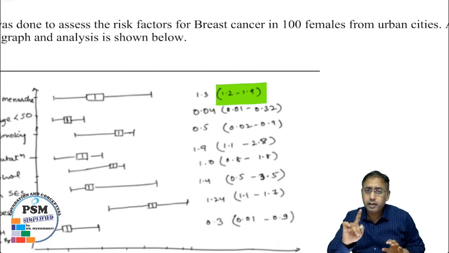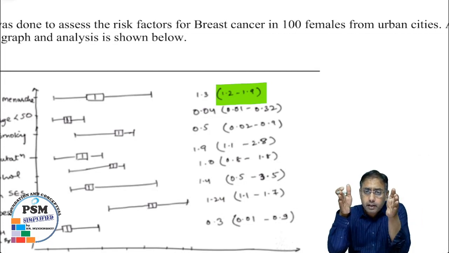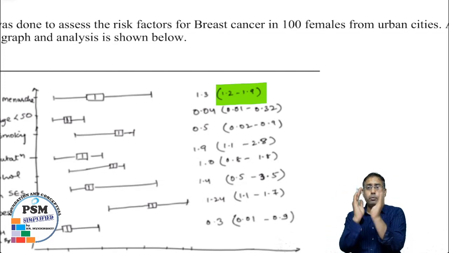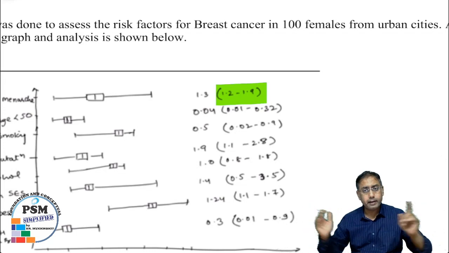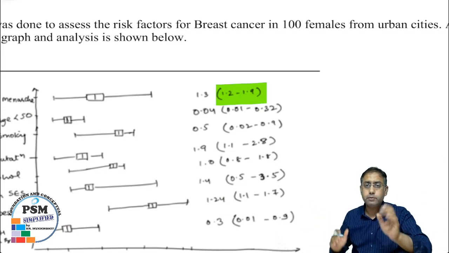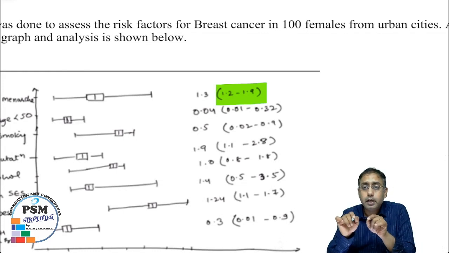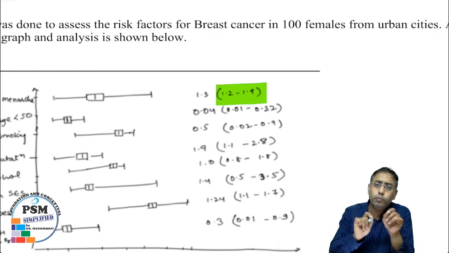So try understanding that in case of the 95% confidence interval, if you remember from my biostats class, I told you 1 SD is 68, 2 SD is 95 and 3 SD is 99. Now if it is within the 95% confidence interval, the odds ratio ranges from 1.2 to 1.9.